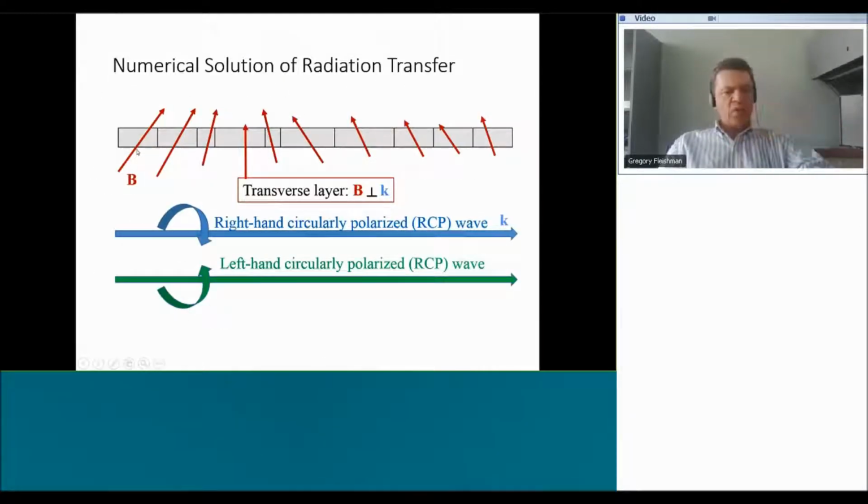So the idea will be to carefully consider how this emission leaves one voxel and enters the other, and the next one, and the next one, and there will be a number of complications, which in particular relate to the fact that in the plasma with magnetic field, electromagnetic emission can exist in two forms.